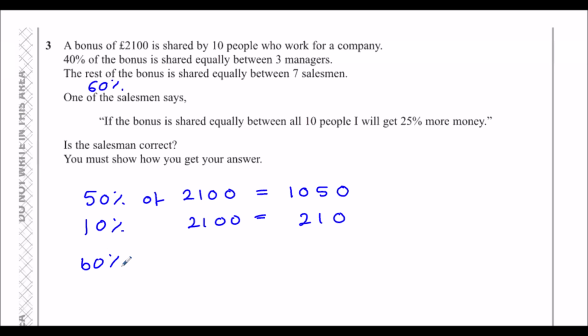So 60% is these two added together, which is £1,260. So that's 60%.